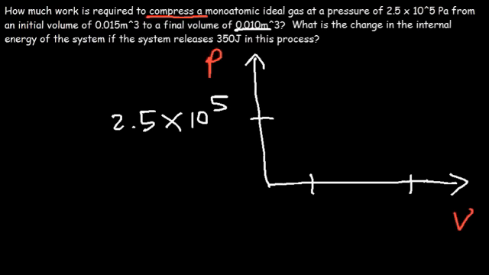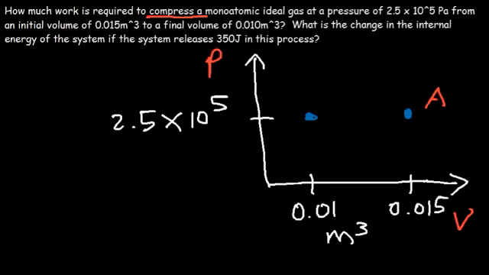The lower value is 0.01 and the higher value is 0.015 cubic meters. Now because the gas is being compressed, we're going to start at the higher value and travel towards the lower value. Let's call this position A and position B. So we're going to travel from A to B.